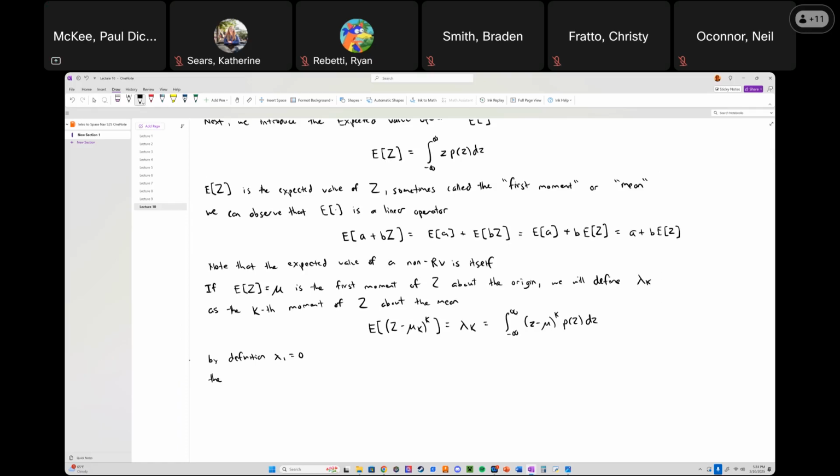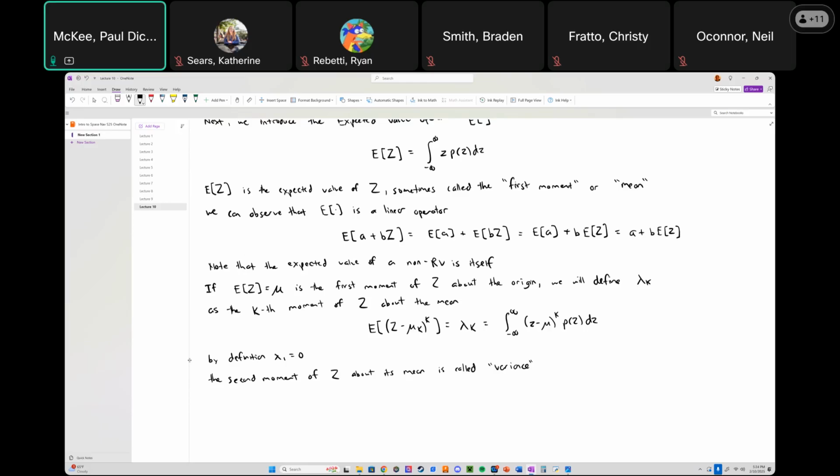And the second moment of Z about its mean is called variance, which should ring familiar if you've taken statistics before.